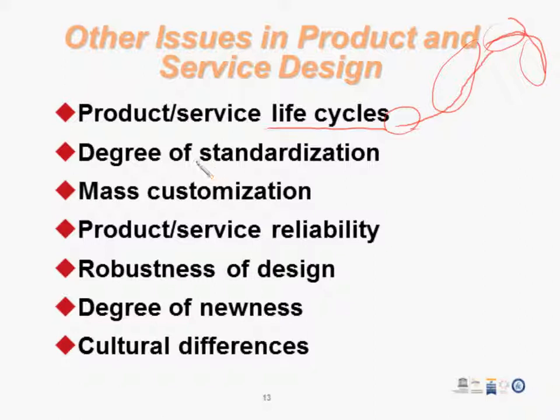And also, we cannot make all products totally different. So many companies want to design standardized design. So if it is standardized, each customer may want some different product and so on. So degree of standardization is another issue of operation management, and mass customization and all others are also important issues relating to operations management.